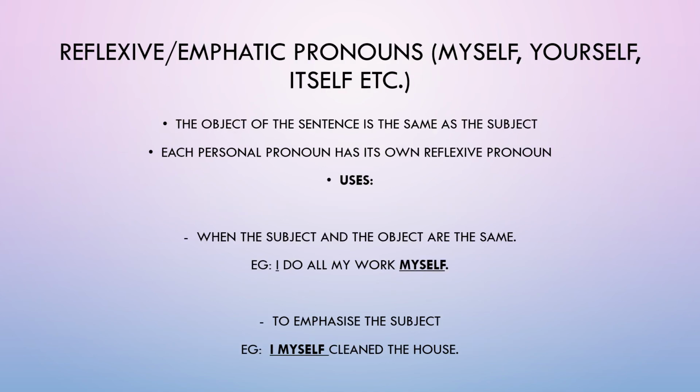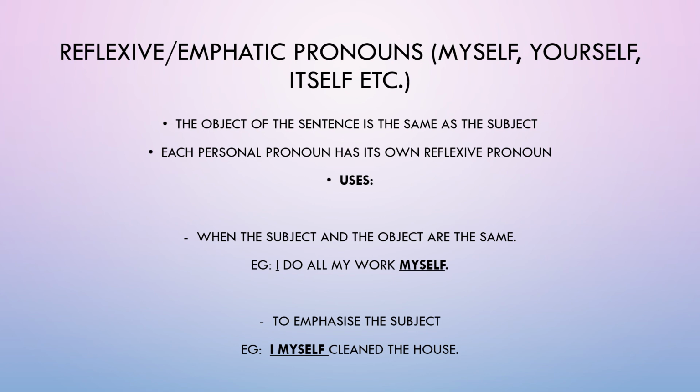The next one we are going to do is the reflexive or emphatic pronouns, myself, yourself, itself, etc. So here, when we are talking about reflexive or emphatic pronouns, then the person we are talking about is the same person. Okay.